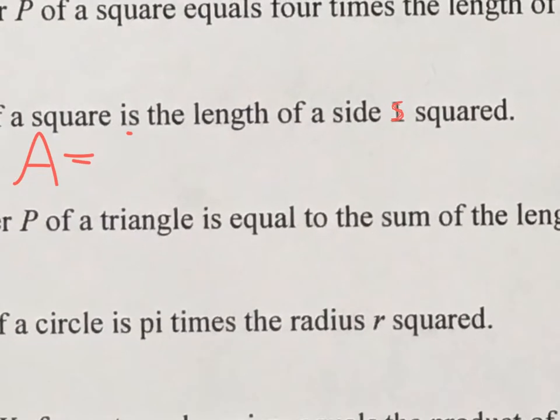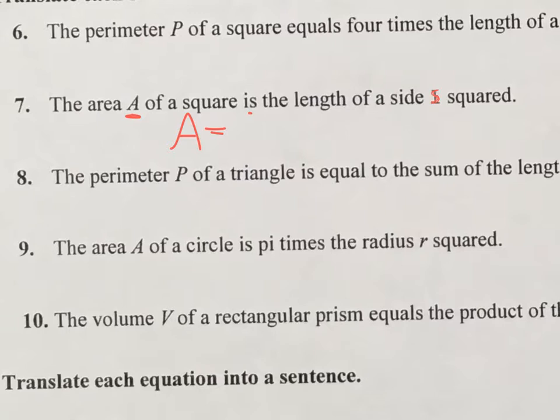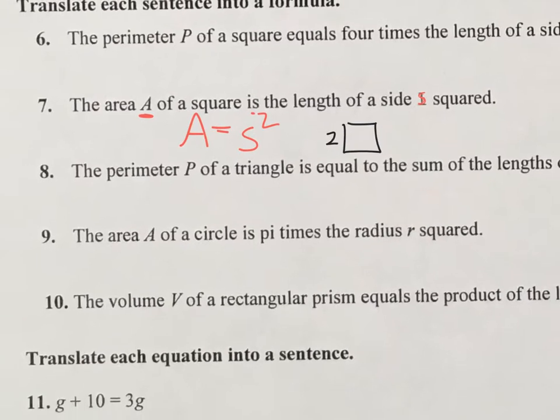Let's just replace that with the letter S, with the variable S. We're going to say that the side is the letter S. So the area A of a square is the length of a side S squared. I hope that makes sense. What it means is if you did have a square, and let's say your side was actually 2, then the area would be 2 times 2, which would be 4. Anyway, I don't think I want to put that one on the quiz.